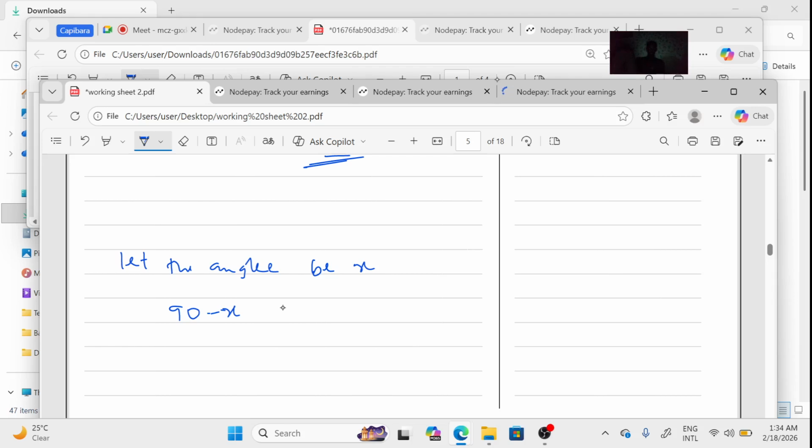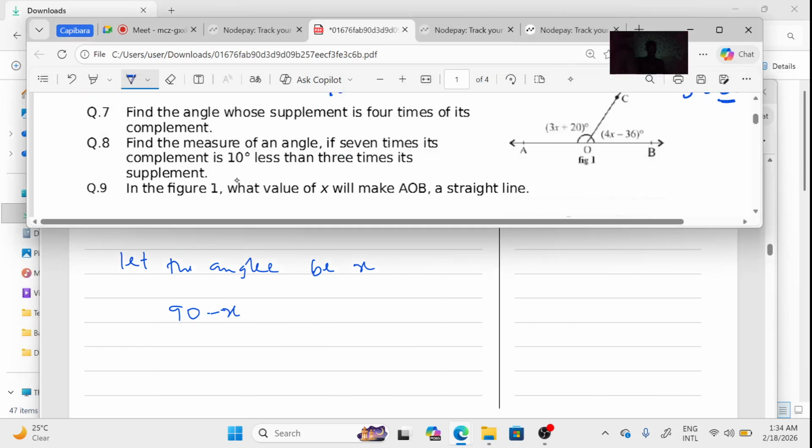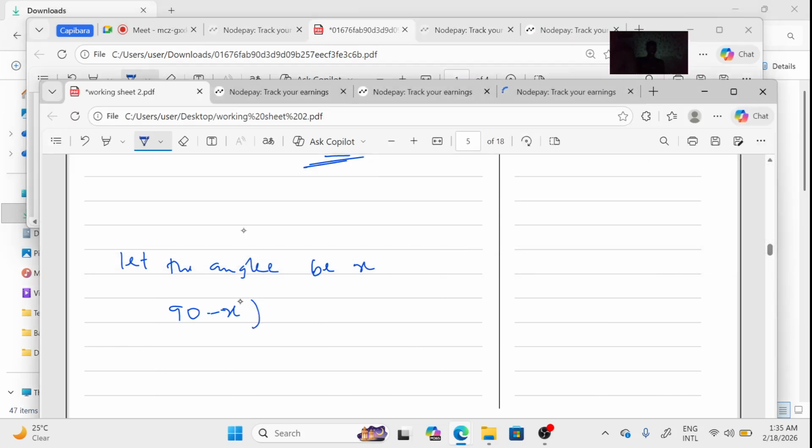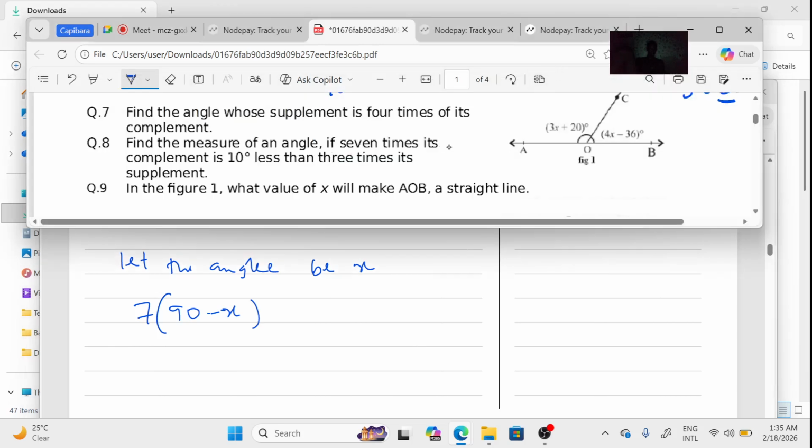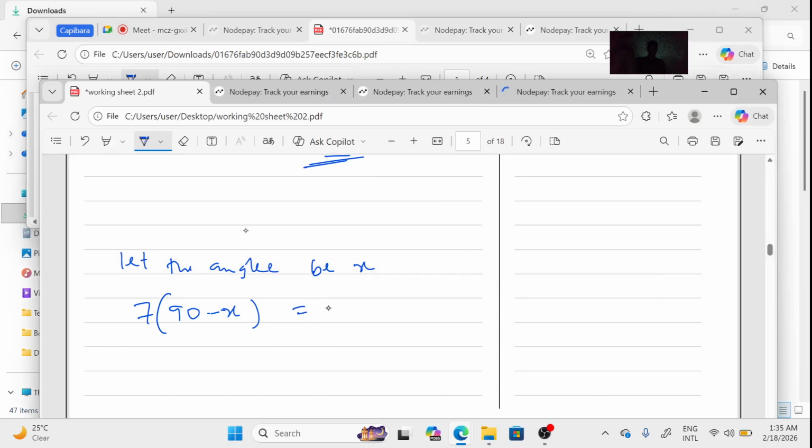Shemilore, are you there? Yes. So you agree with me that the complement of x is 90 minus x, right? They said if 7 times its complement, so that means 7 times the complement of x, is 10 less than 3 times the supplement.